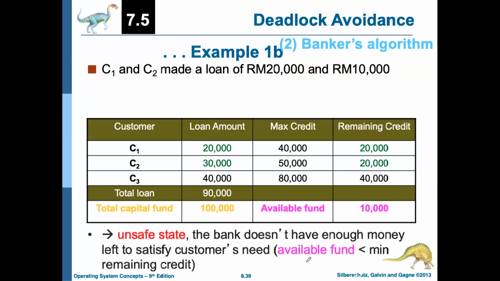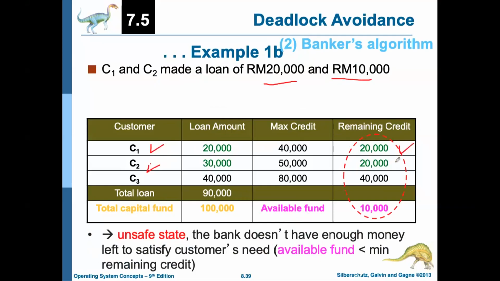Example 1B: C1 and C2 made loans of 20,000 and 10,000. Customer 1 makes 20,000 and customer 2 makes 10,000. So this is the remaining.